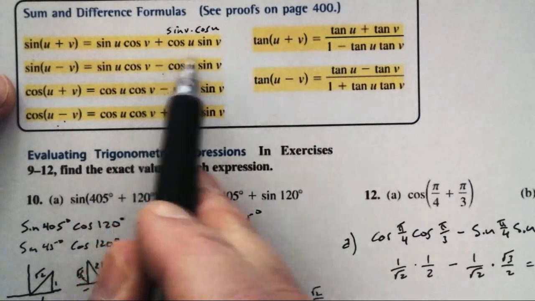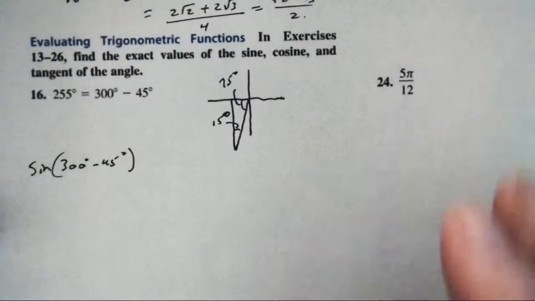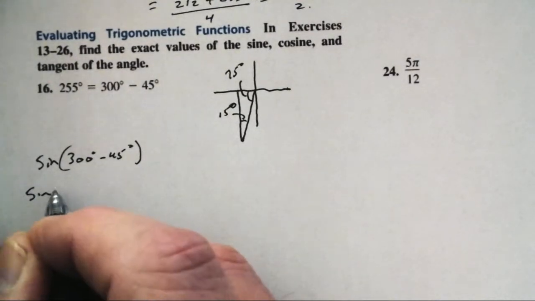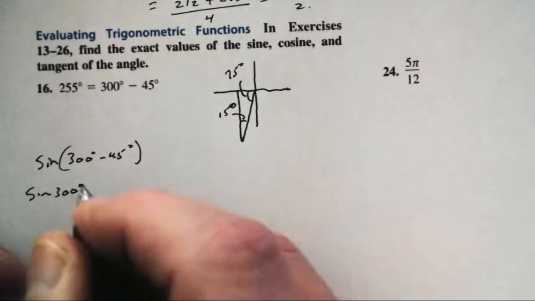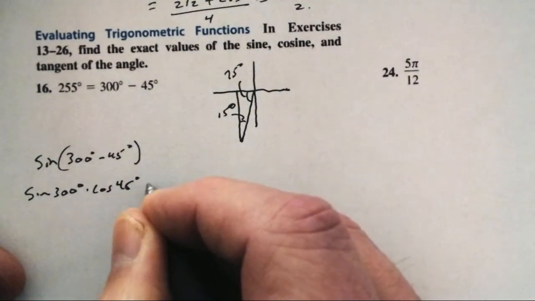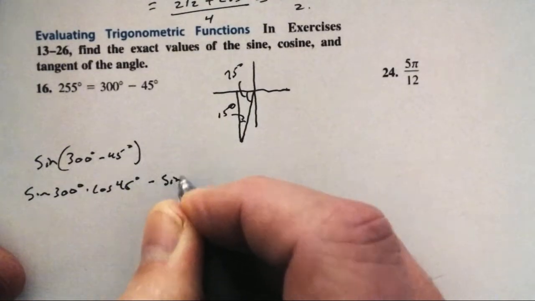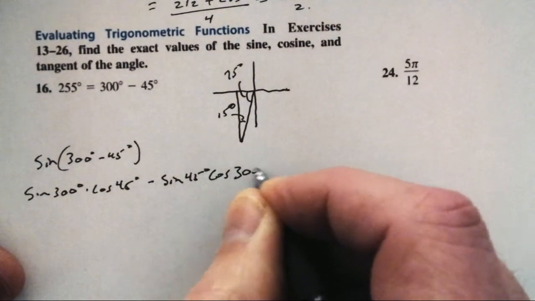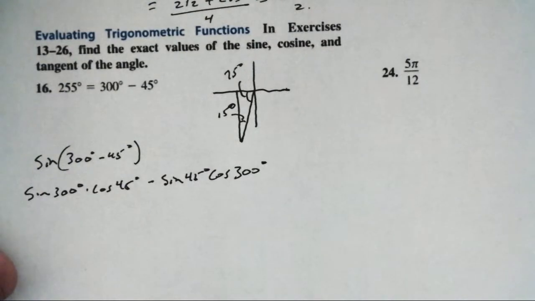So this could be sine of v, cosine u, of course. That's just my habit for doing these. So that gets me sine of 300 degrees, cosine of 45 degrees, minus sine of 45 degrees, cosine of 300 degrees.